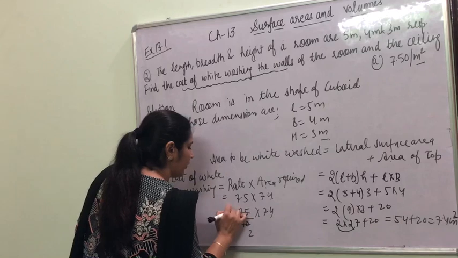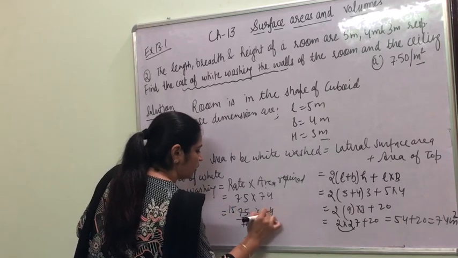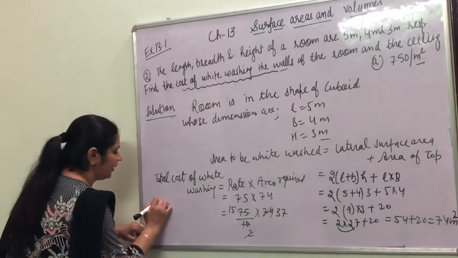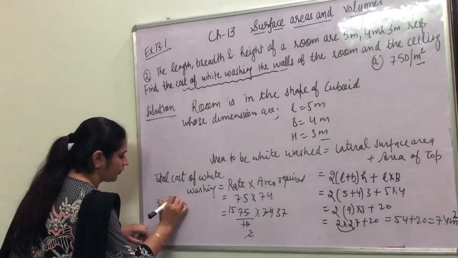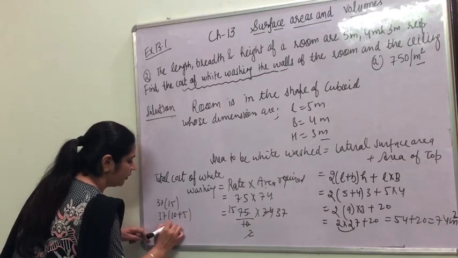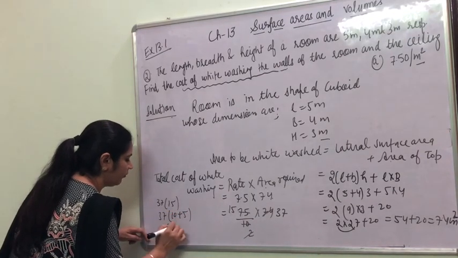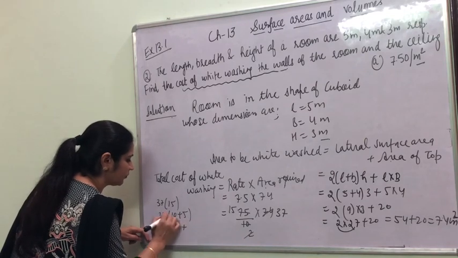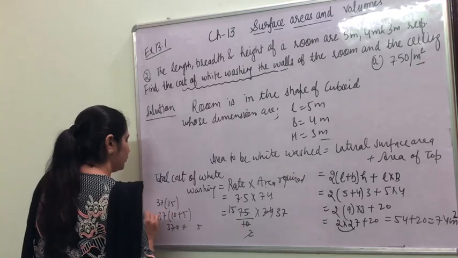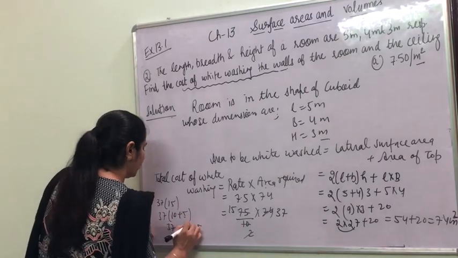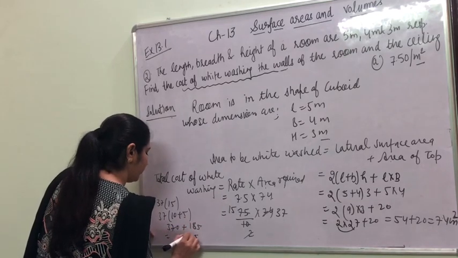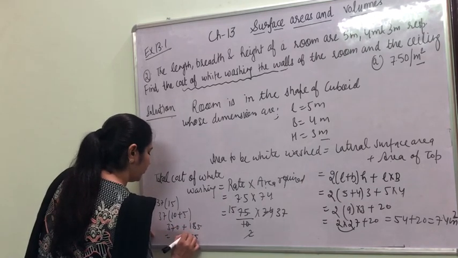5 twos are 10, so 37 into 15. Again we can apply the distributive property: 10 plus 5. 370 and 5 sevens are 35, 5 threes are 15 plus 3 is 18, so 555.